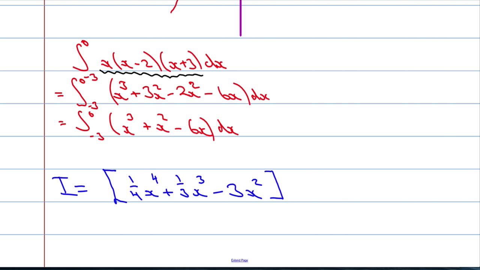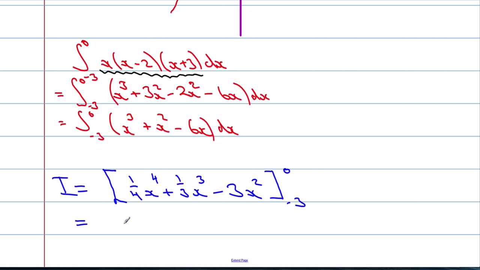And what we need to do is to evaluate this integral between negative 3 and, not 6, I can't read my own writing, that's a 0. Negative 3 and 0.